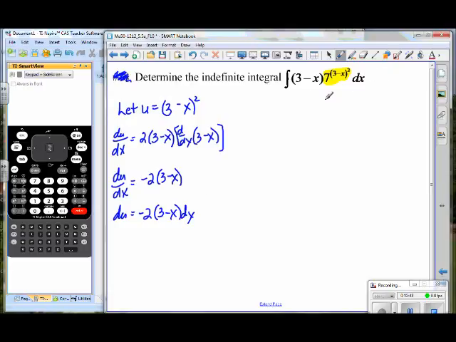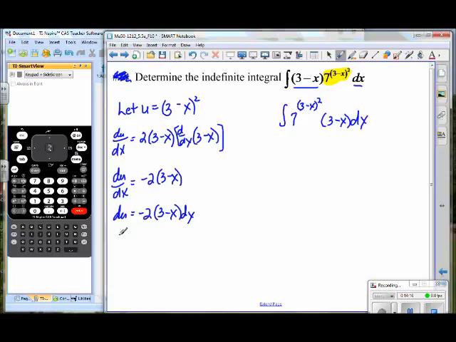And we take a look at this, and again, if you notice, you've got this 3 minus x right there, and our dx over here. So we can go back to this and see that we have 3 minus x dx. Again, what we can do is to write those beside each other. It makes it maybe a little easier to see how they are connected.